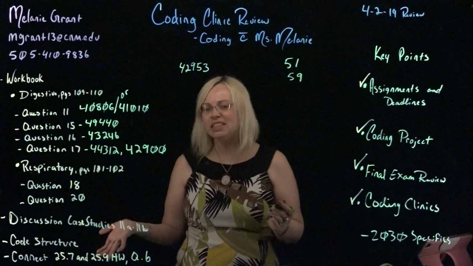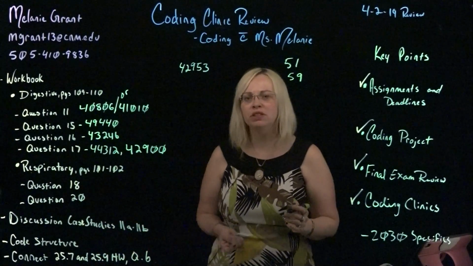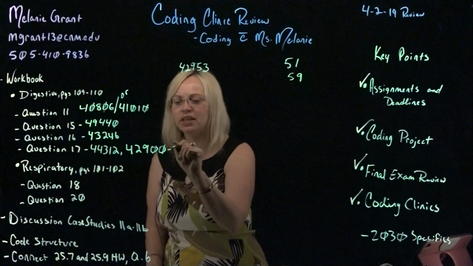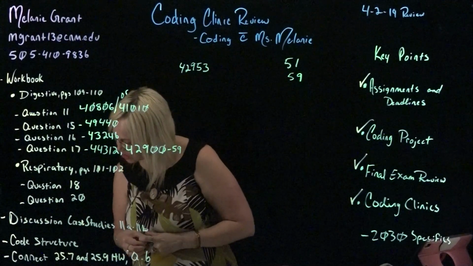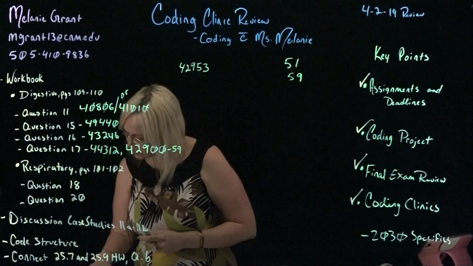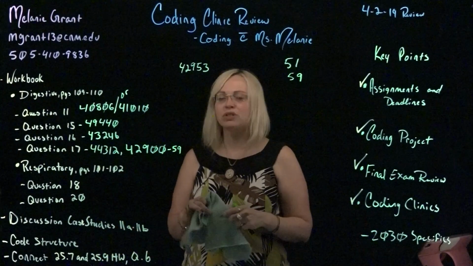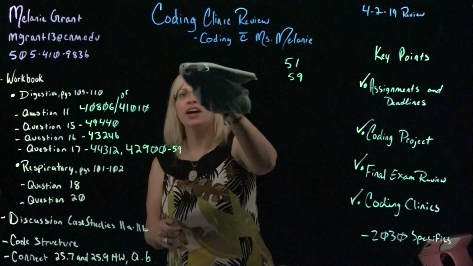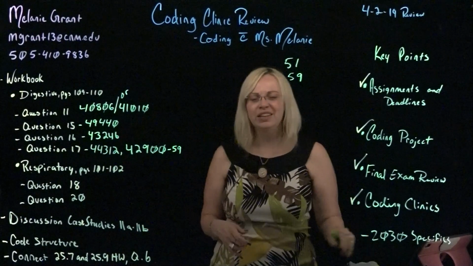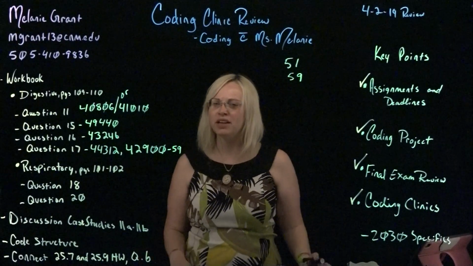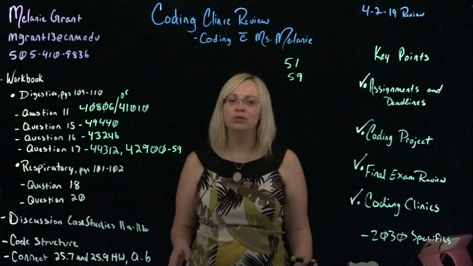Without full detail of the information of the code itself, it would be hard to really say if it should be 51 or 59, but because of the location and the separate documentation indicated, it's done during the same operative session, but not related. And since these 2 procedures would not typically be related, I chose modifier 59 to say an unrelated procedure. Now, in the instance that one of them was caused by the other, there may be a question as to whether or not that was related, and that would be something that you would look at your documentation to fully determine.